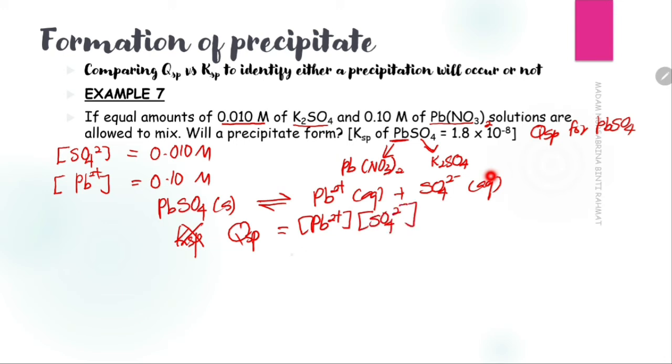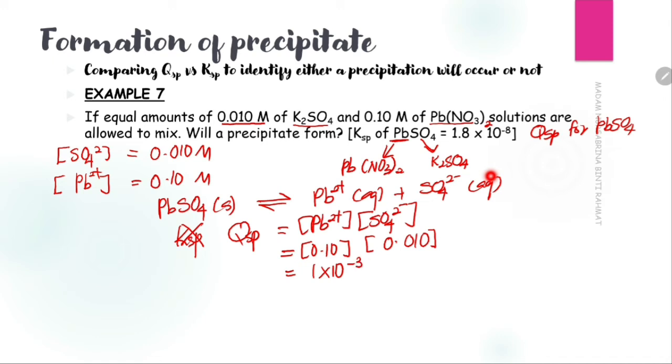Substituting the concentrations, lead is 0.10 and sulfate is 0.010, so you get a QSP value of 1 times 10 to the power of negative 3.